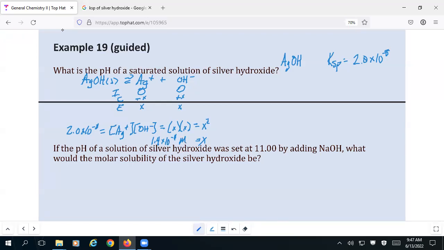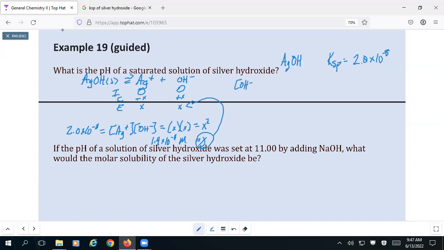So that would obviously give us the molar solubility if we were being asked for the molar solubility. We aren't. We're being asked for the pH. But what we need to understand is that that x value is also the concentration of the hydroxide.